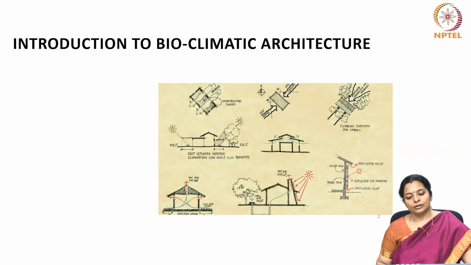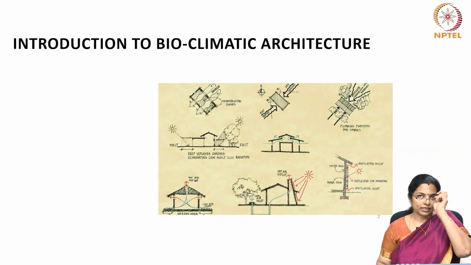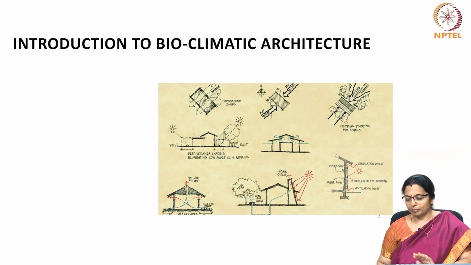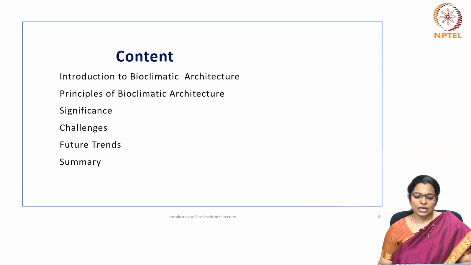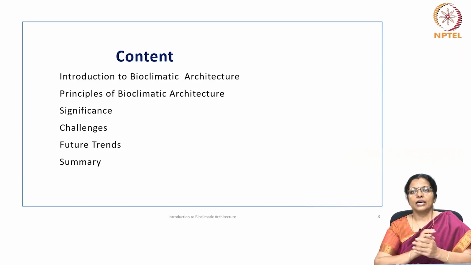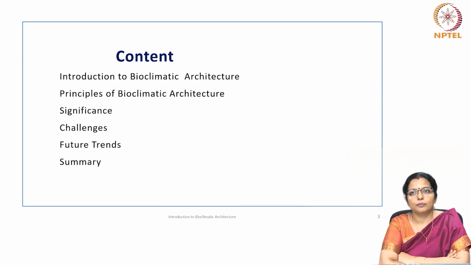So, today we will look at what is bioclimatic architecture, a brief introduction about it. Today's class will be on this. So, we will look at what is bioclimatic architecture. In this lecture, we will explore bioclimatic architecture, which combines eco-friendly building materials with smart design.